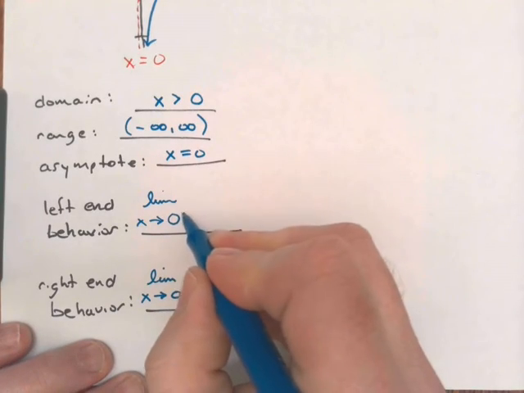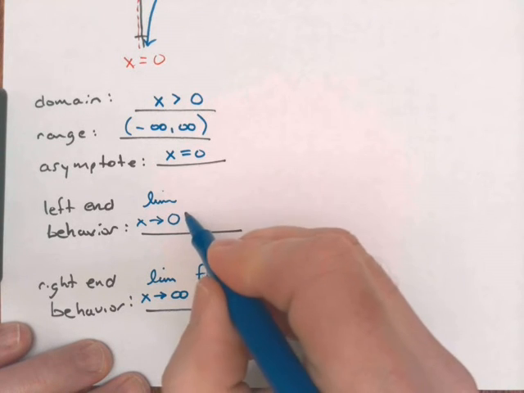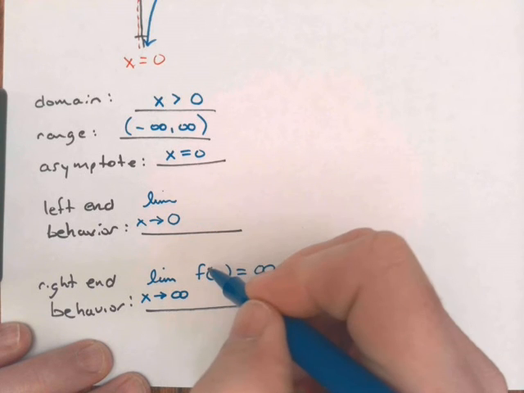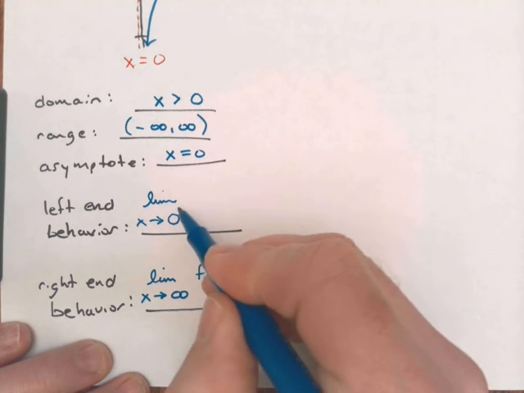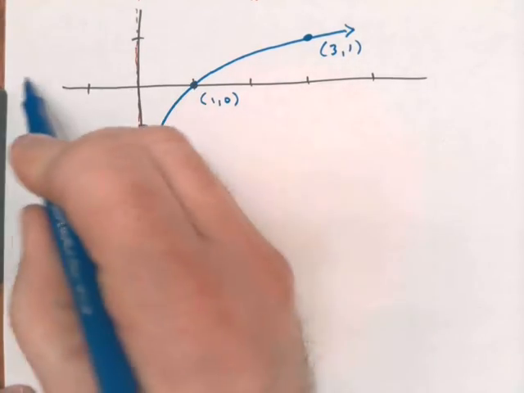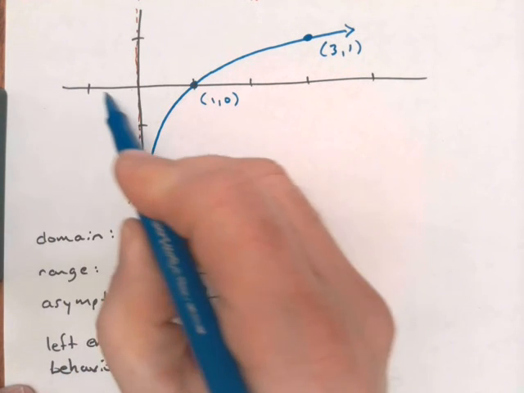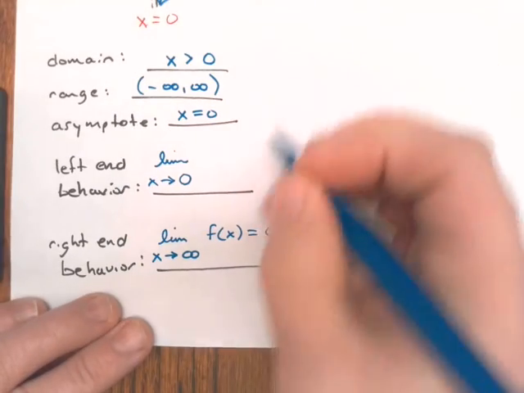So how we do that is up here where normally we would put an exponent, math people would put a little plus or a little minus. It would be better maybe if we put in R for the right side and an L for the left side, but math people use a little plus or minus instead. Plus means the right side, those are the bigger numbers. If it was coming at it from the left side, we would be using smaller numbers, which would be a subtraction symbol.